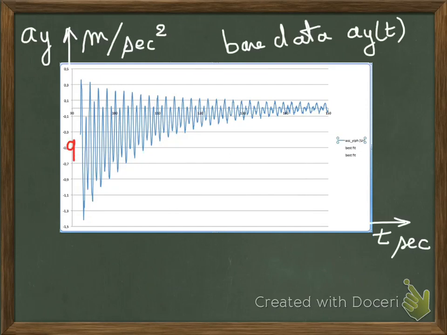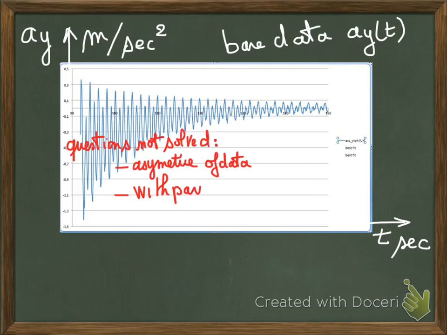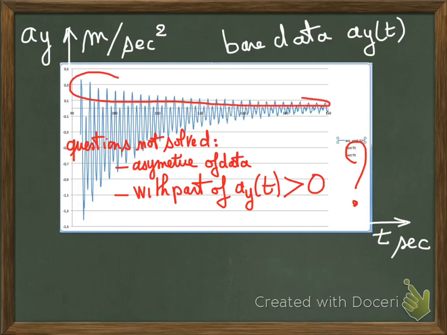What we observed on the bare data is a kind of asymmetry, and part of the AY data are on the positive side here, and they should all be on the negative side. The reason why this is so, we don't quite know, but this is the way it is. So if you have any idea about that, you are welcome to tell us.